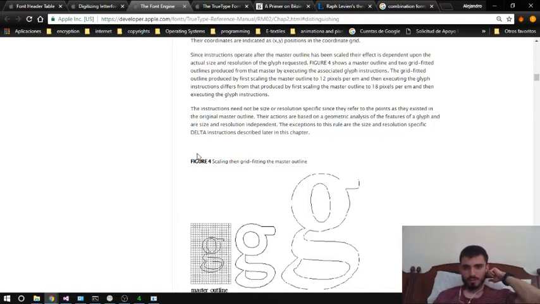Where actions are based on a geometric analysis of the features of a glyph and are size and resolution dependent.